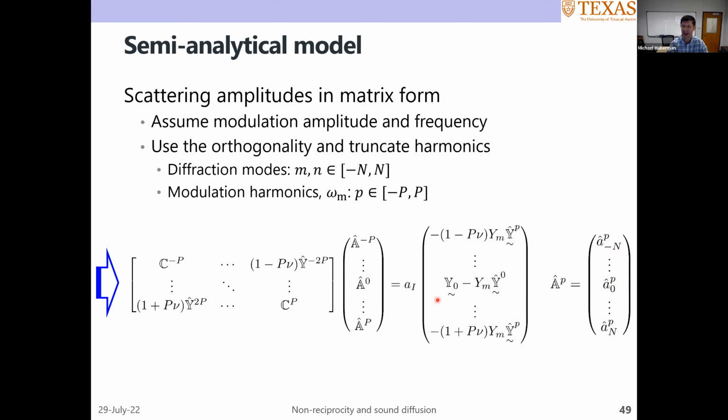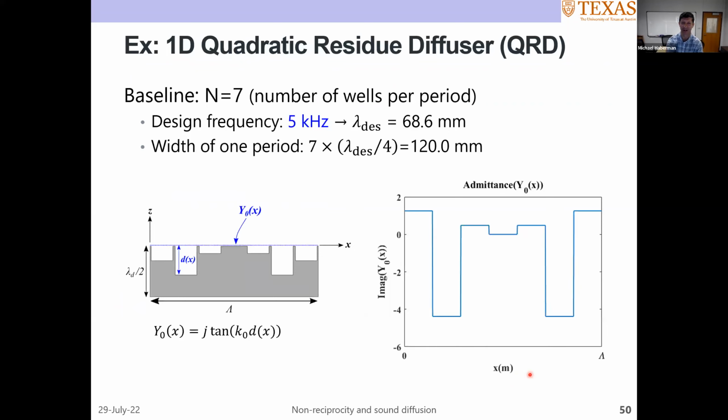Here's your incident wave, which has an extra mess because of the modulation, but these are all input values which you determine based on the assumed modulation amplitude and frequency. So you invert this big messy matrix for all modulation harmonics and every diffracted order, which gives you a set of unknown modal amplitudes, 2n plus 1 times 2p plus 1 terms. That determines our entire sound field.